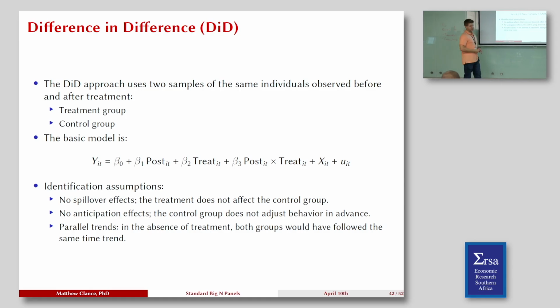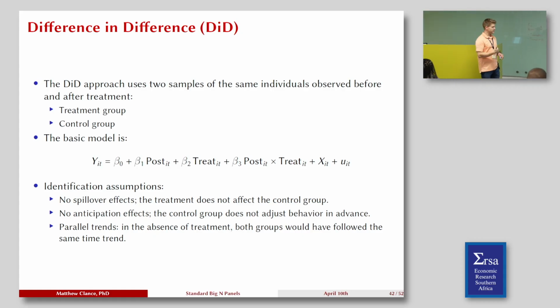And parallel trends just says, given everything that I can see across characteristics, who you are, things I can control for, if I can control for all that, and everybody after those controls is moving in a very similar direction for whatever the outcome was, then once the treatment is there, the only difference between the groups now is the treatment, because everybody was in what we refer to as a parallel trend.